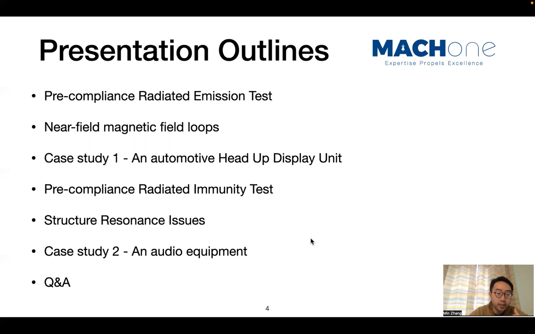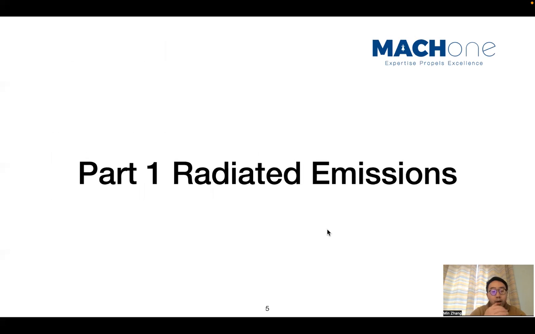The first case study is an automotive head-up display unit used for automotive application. And the second case study is an audio product where you will see, or actually you will hear, the sound quality change when the radiated immunity test was applied on products. Okay. Without further ado, let's move to our first part of discussion, radiated emissions.